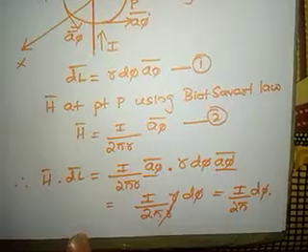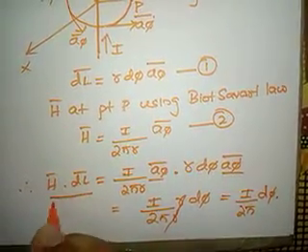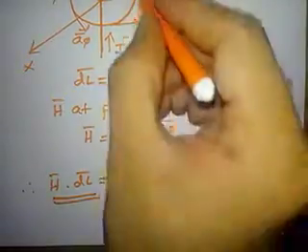Now if I want the magnetic field intensity throughout the length, then I have to integrate this over the limits 0 to 2 pi, the total angle.